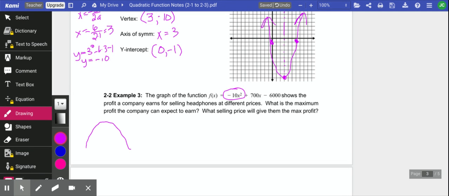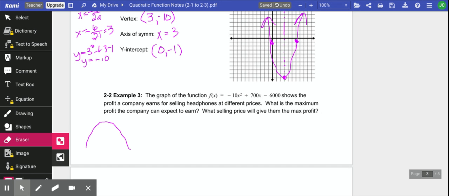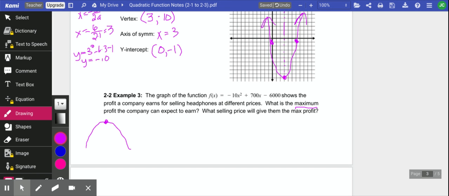Okay. What this question is actually asking for is the maximum profit. It's asking for the vertex, okay? This is just another vertex question, just in the form of a word problem. So if we want to find the maximum profit, we need to find that vertex. And the x-coordinate of the vertex is negative b over 2a.